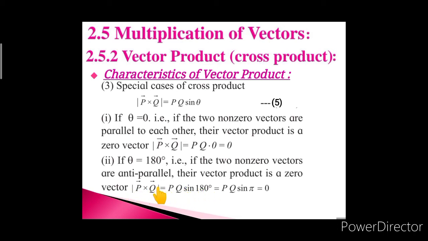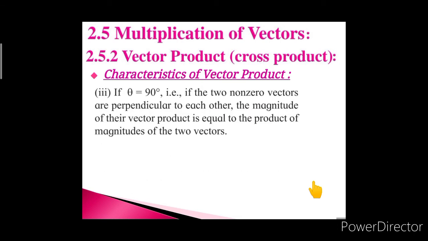So the magnitude of vector P cross vector Q will be 0 when the angle between these two vectors is 180 degree. So here we can say that if theta is 180 degree, that means if the two non-zero vectors are anti-parallel, their vector product is a zero vector.